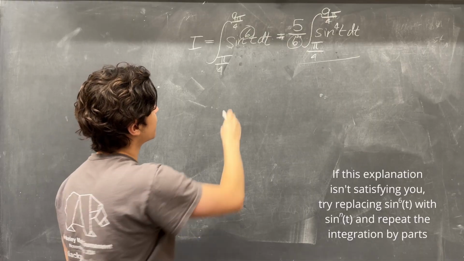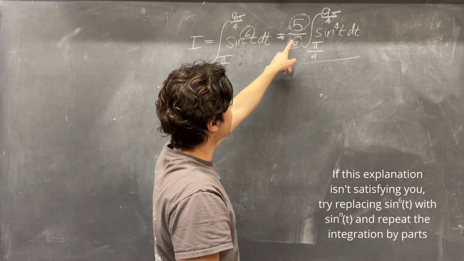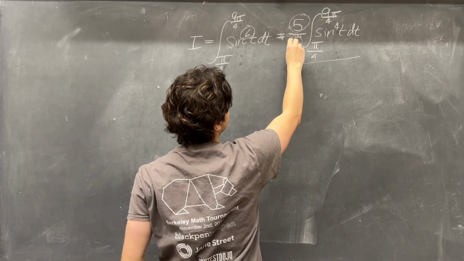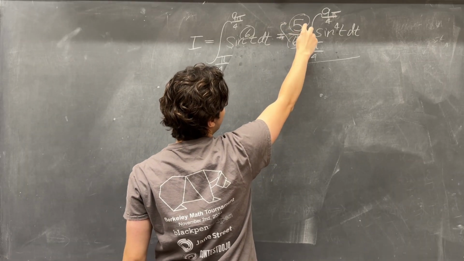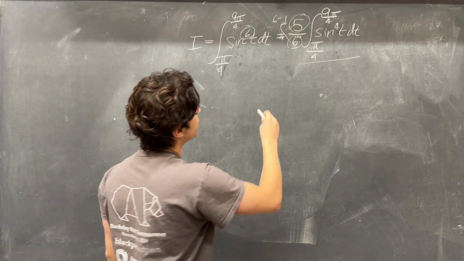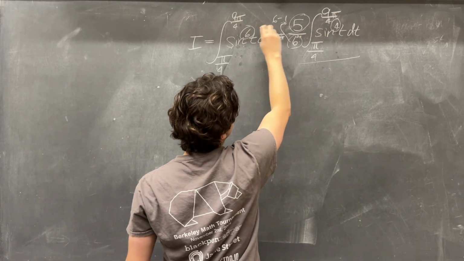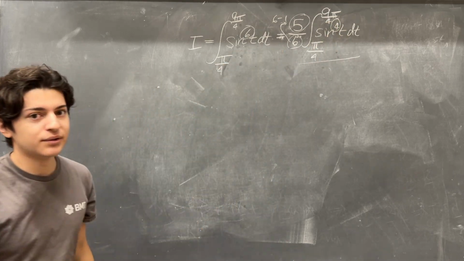And this number right here is always 1 minus this number. So the 5 appears because it's 6 minus 1. And then the power always gets reduced by 2. So this thing went from a 6 to a 4, so it's 6 minus 2.